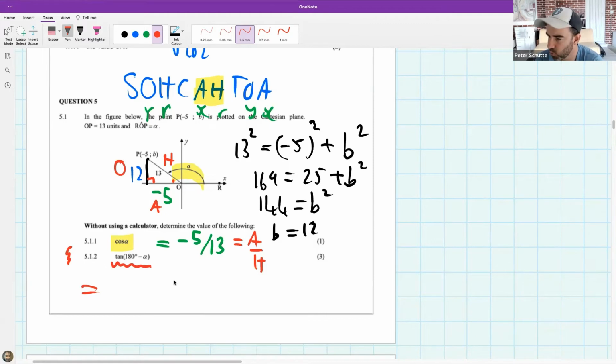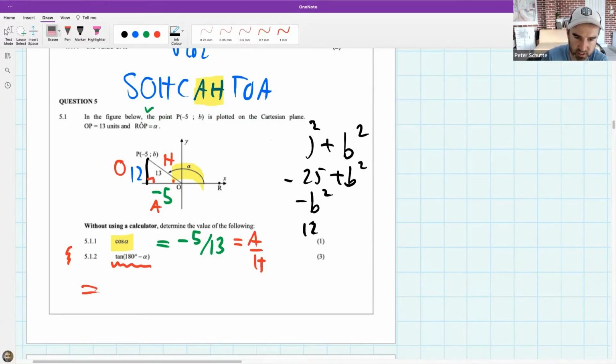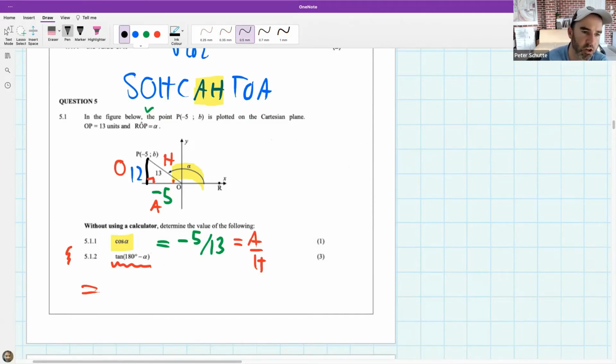Okay, 5.1.1 again. First of all, I am going to remove this working out over here, because basically what happened is I used Pythagoras to work out that the y was 12, that the point P is minus 5, 12.